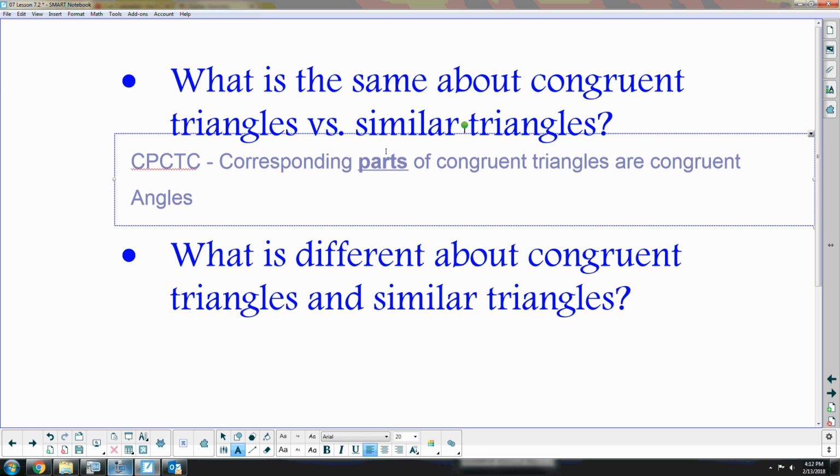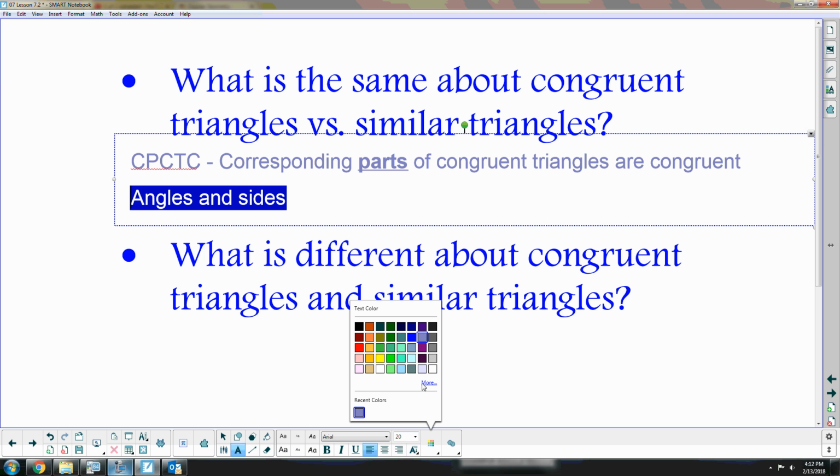And parts means angles and sides. So corresponding angles and corresponding sides, those are the corresponding parts of congruent triangles. They have to be congruent.